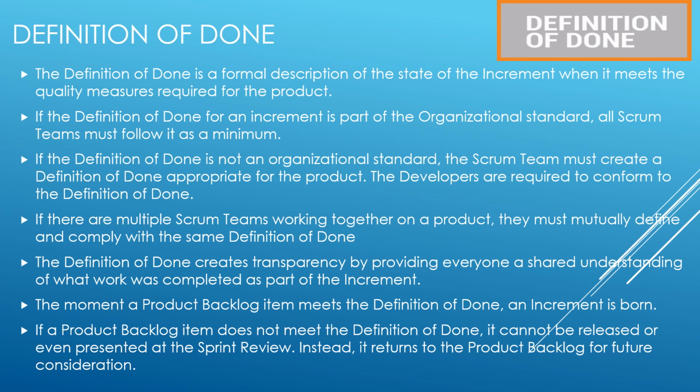Definition of done creates transparency by providing everyone a shared understanding of what is being completed. Any product backlog item which does not meet the definition of done cannot be presented at sprint review. As a result, it moves back to the product backlog for further consideration.